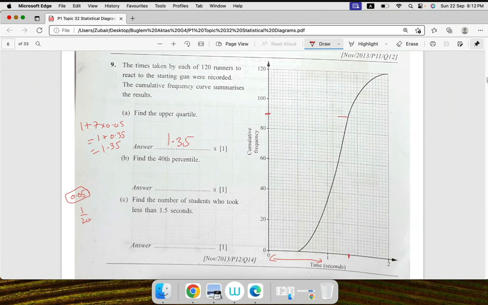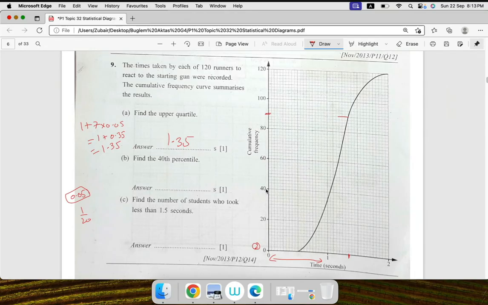B part. Find the 40th percentile. 48. Now, where is it going to be? One small box on this side measures 2.